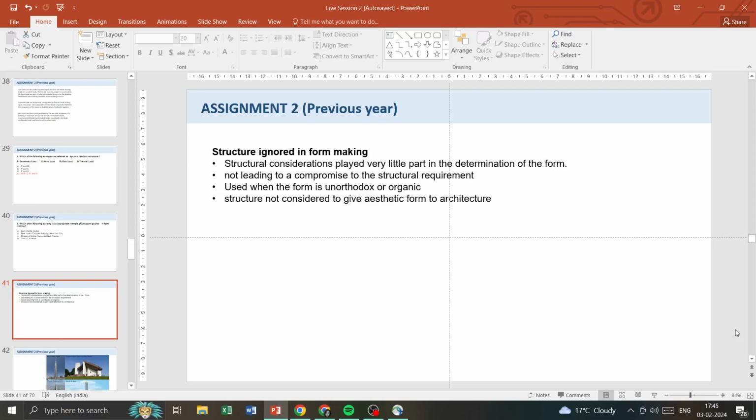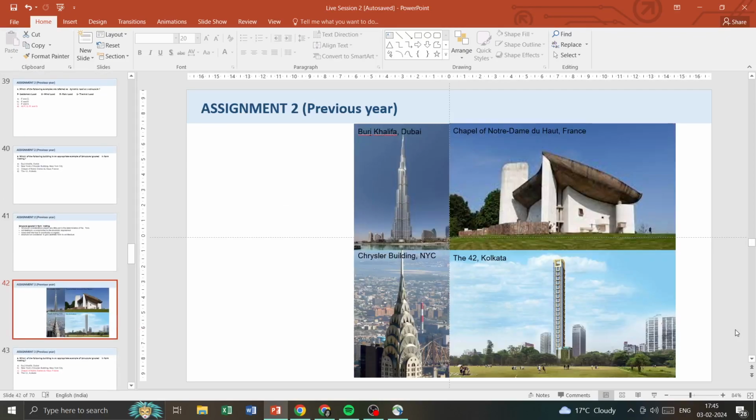It has been made stable via other ways. Used when the form is unorthodox or organic. Structure is not considered to give aesthetic form to architecture. So this is how the 4 buildings look: Burj Khalifa, Dubai; Chapel of Notre Dame du Haut, France; Chrysler Building, NYC; and 42, Kolkata.